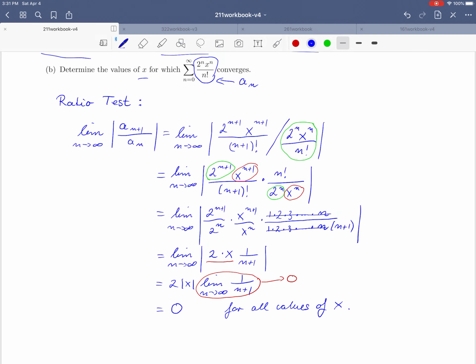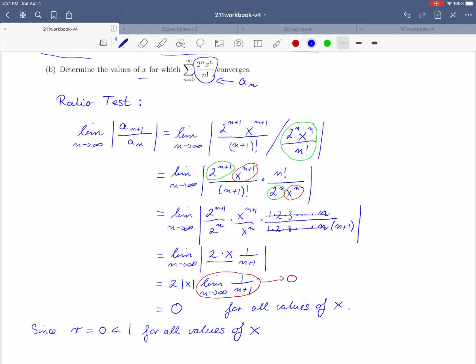Now, what does it mean? This means that no matter what value x is, the limit in the ratio test is equal to 0, and since r, the value in our ratio test, is 0, which is decidedly less than 1, for all values of x, we can conclude that this series converges for all values of x.